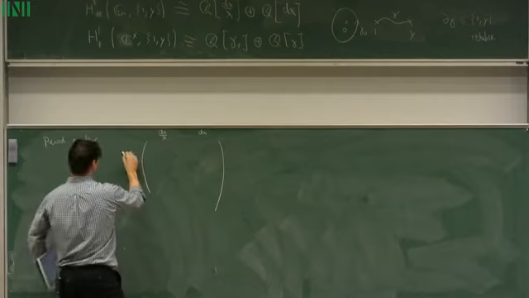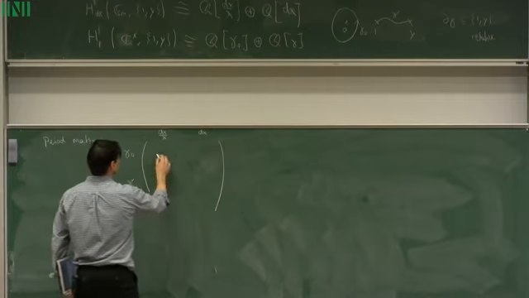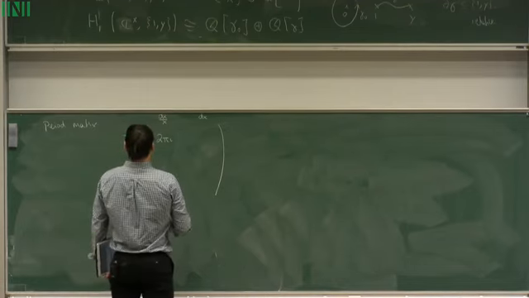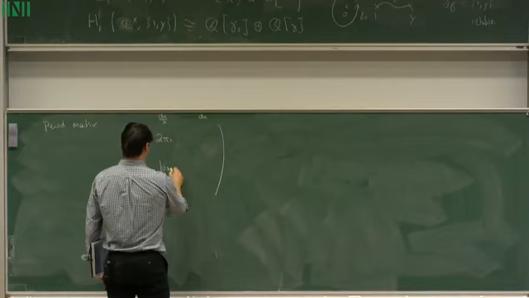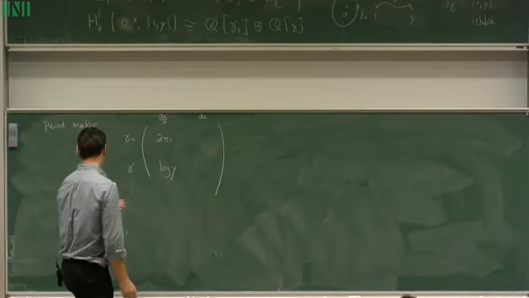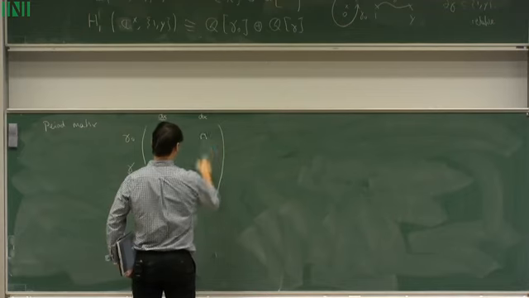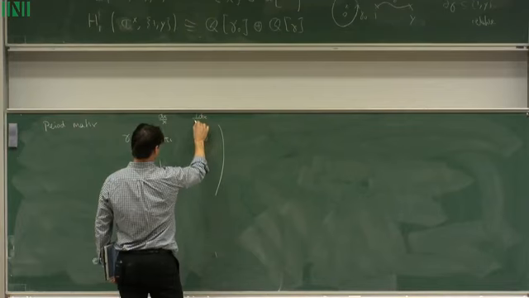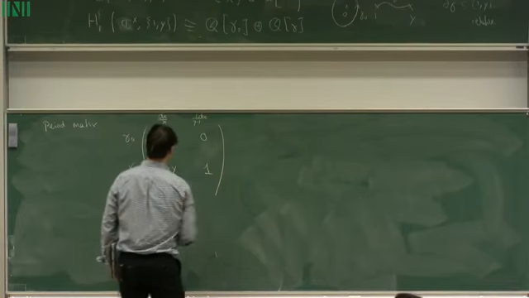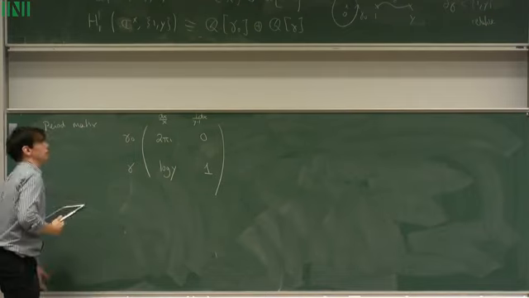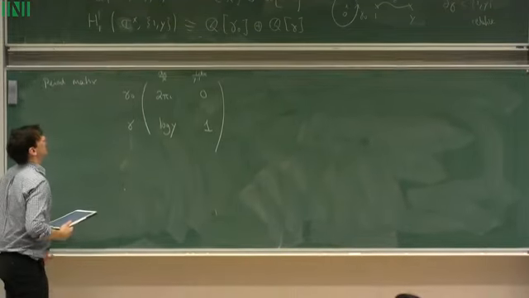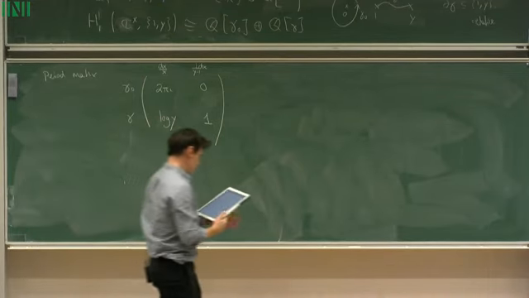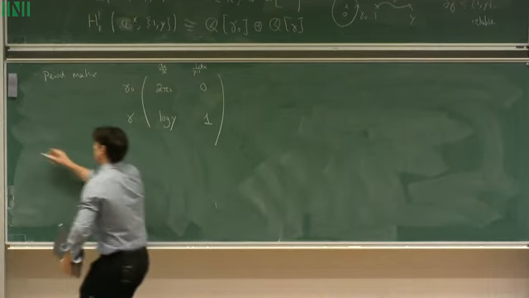And it's going to be 2 pi i, log y, 0, and I'm going to get y minus 1 here, which is kind of annoying. So let's rescale this so that we get 1. That's the period matrix of the comparison isomorphism between these rank 2 cohomology groups. Okay, good. So that was the end of the last lecture.